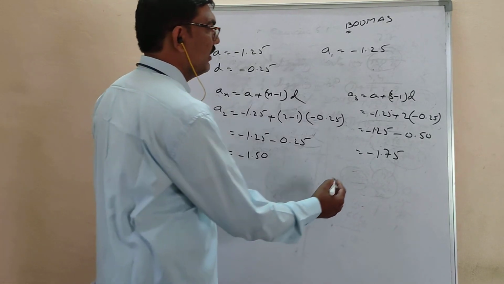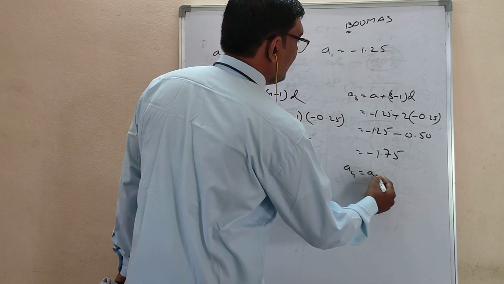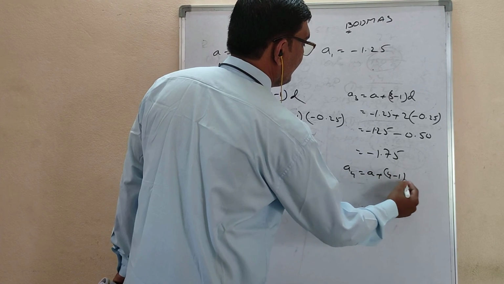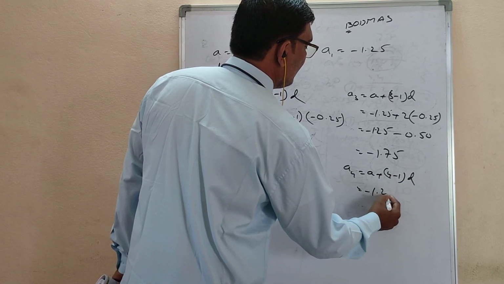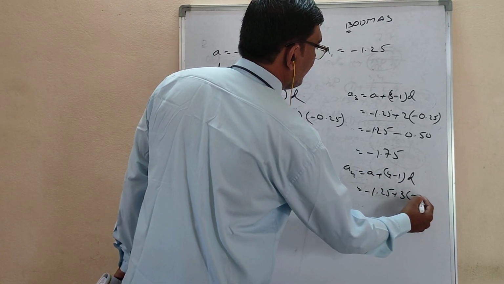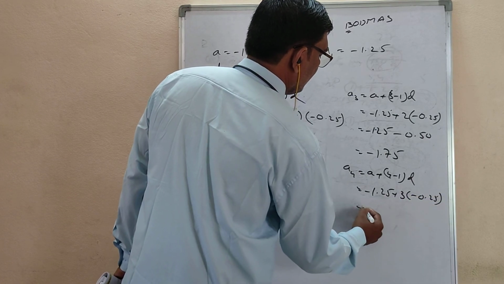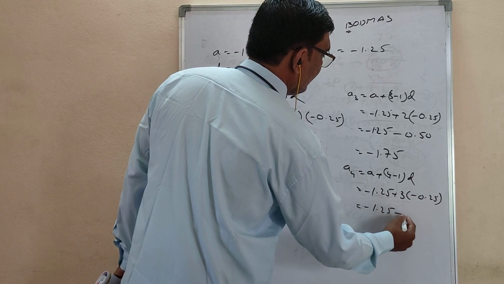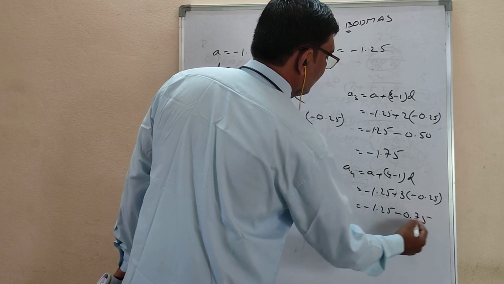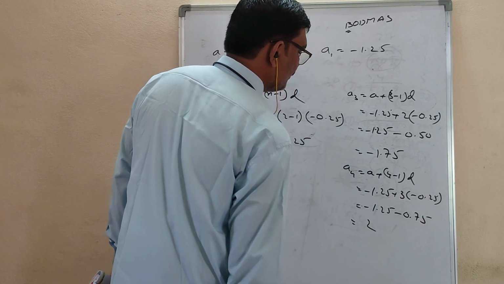Okay, A4. A4 means A plus 4 minus 1 into D. A means minus 1.25. 3 into minus 0.25 is minus 0.75. Minus 1.25 minus 0.75. If you add, you get minus 2.